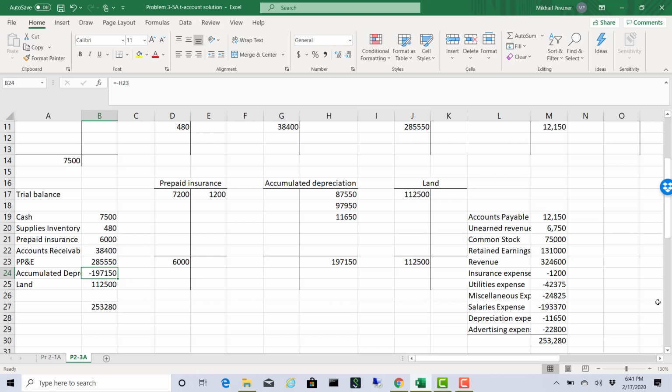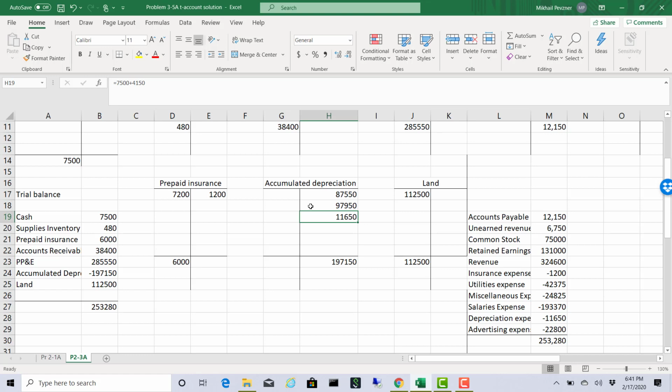I'm sorry. 87,550 was the starting balance. And then the other depreciation was the equipment depreciation. I just put them all together. The additional depreciation I just recorded was for building and equipment, 7,500 plus 4,150. I combined them together, 11,650.